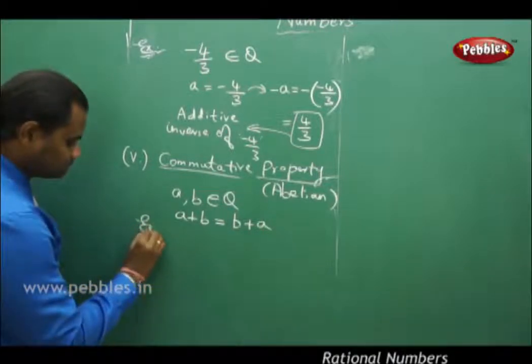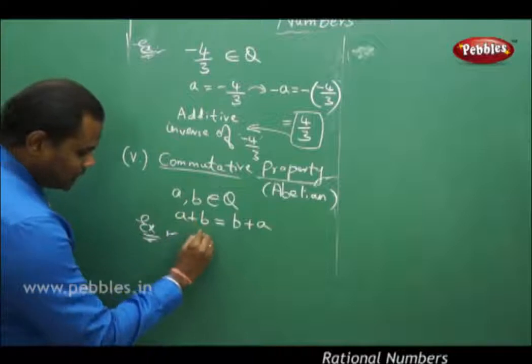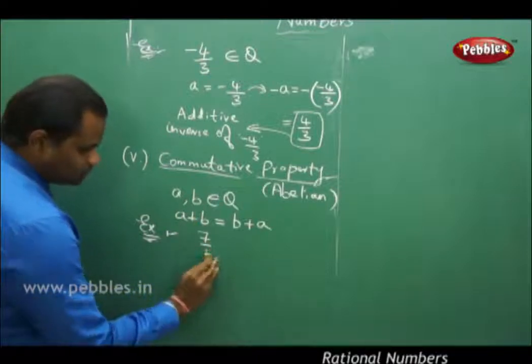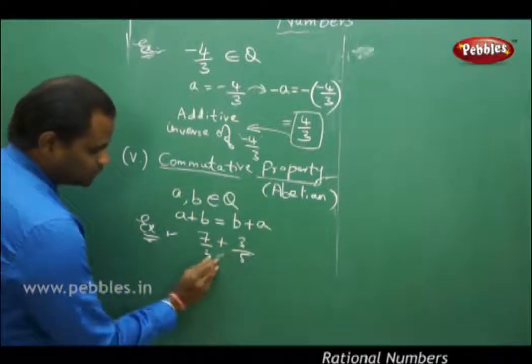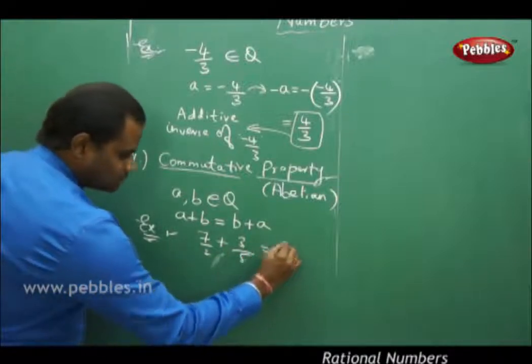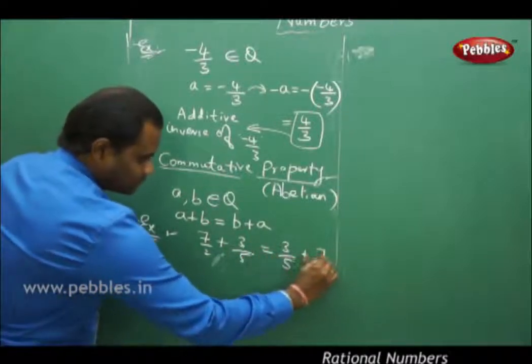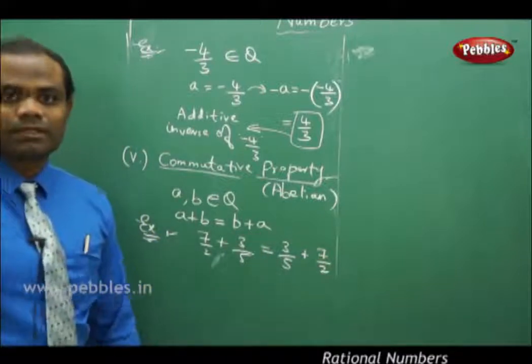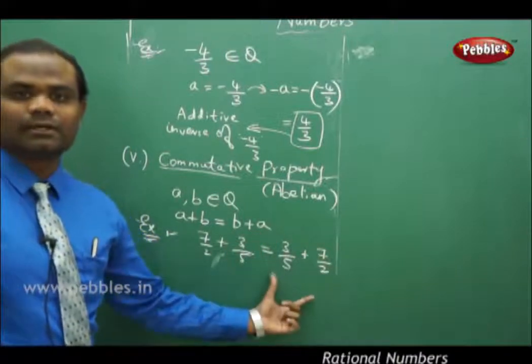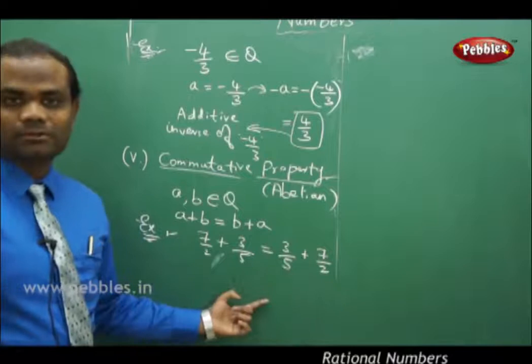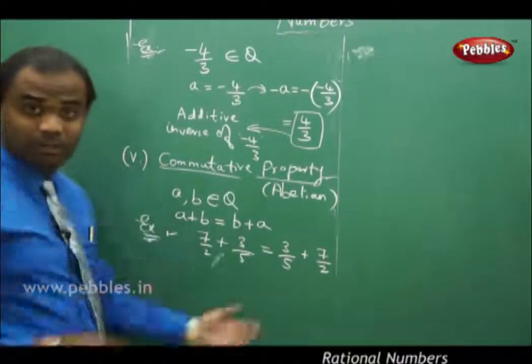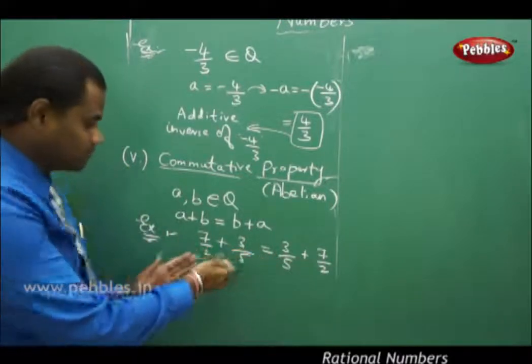For example, if I add 7 by 2 with 3 by 5, it is the same as adding 3 by 5 with 7 by 2. That doesn't affect the addition under the commutative property. Let's see if that's really true by verifying with two different values.